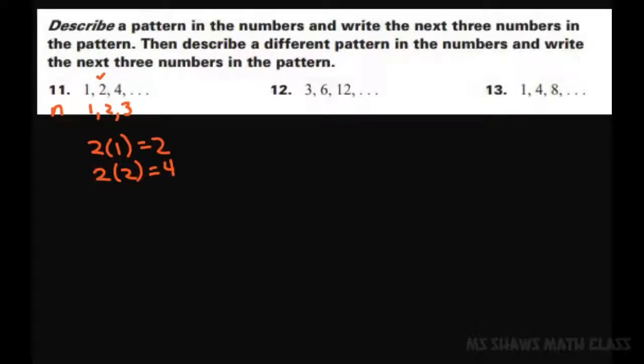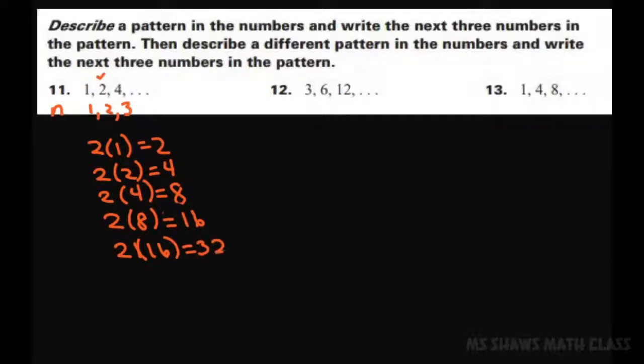Then I'm doubling my 4 to get 8, and then double your 8 and get 16. Then double the 16 to get 32. So 8, 16, 32 would be the next three terms.